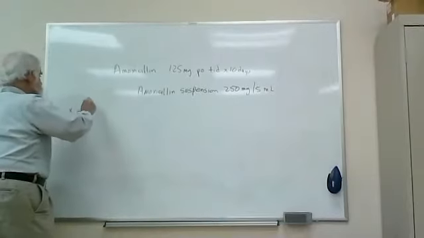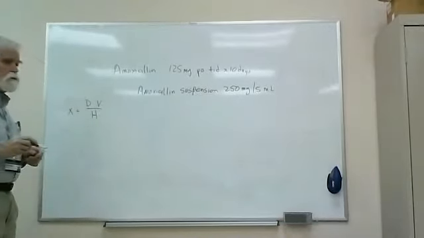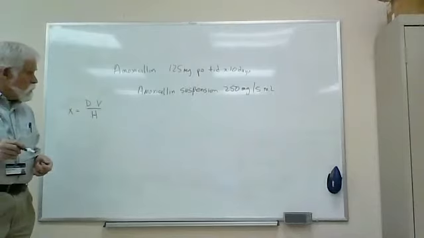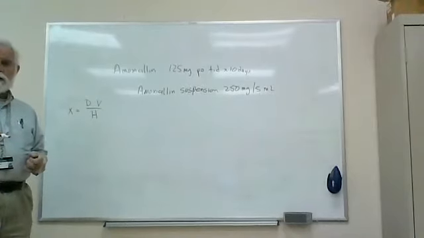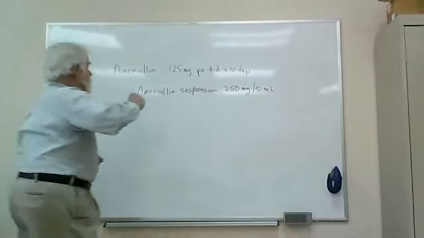Okay, so once again, let's go back to our formula to calculate the amount of drug needed for a specific dose. First off, what's D in this case? What's the dose prescribed? 125, right.